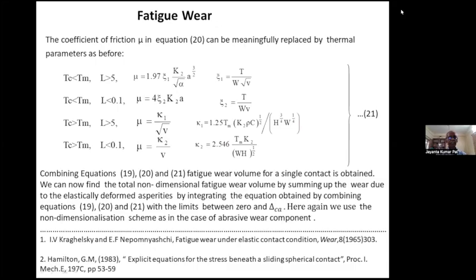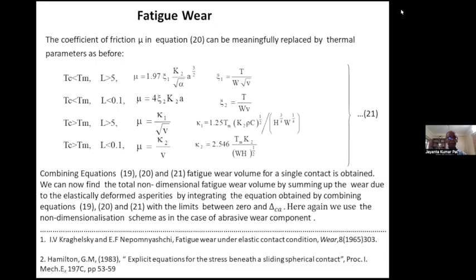So combining equation 19, 20, and 21, we get the fatigue wear volume for a single contact, or for single asperity contact. We can now find the total non-dimensional fatigue wear volume by summing up the wear due to all the elastically deformed asperity.